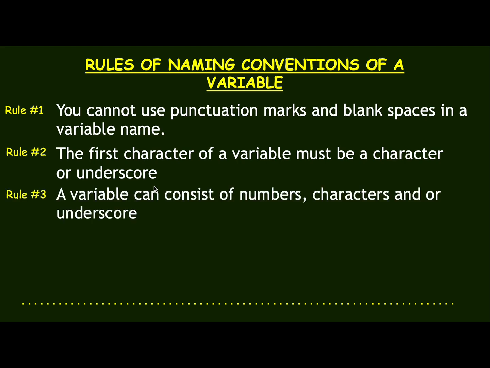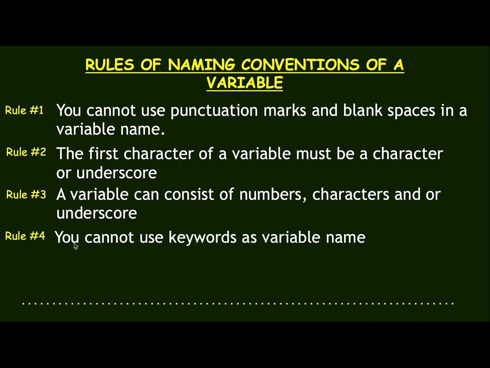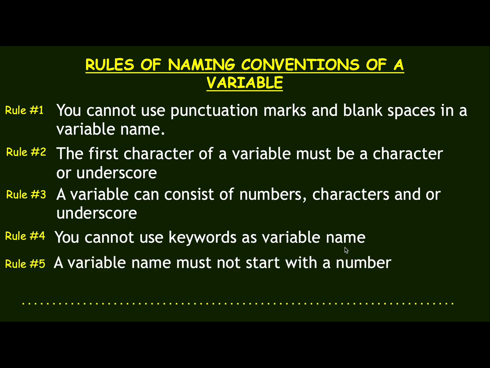A variable can consist of numbers, characters, and/or underscore. You cannot use keywords as variable names. A variable name must not start with a number. Then the last one is a variable can be any length.